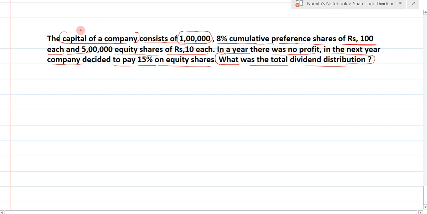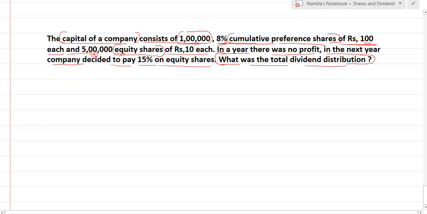Okay. So, here two things you have to note down. There are two types of shares the company consists: the cumulative preference shares and equity share. Cumulative preference shares, the company consists of 1 lakh 8% and each share is of 100.